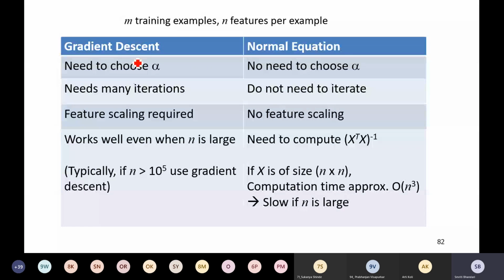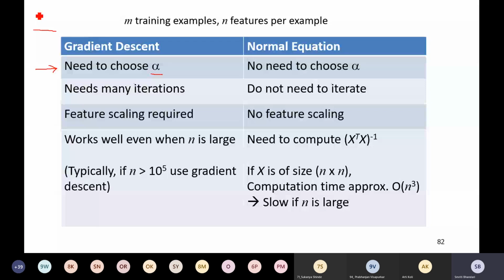We have m training examples and n features per example. If we compare gradient descent and normal equation, the first point of comparison is this. In gradient descent, if you remember, we need to choose a learning rate, alpha.